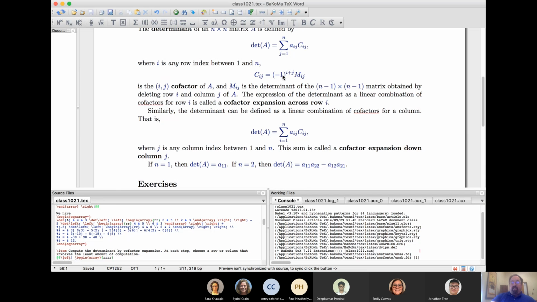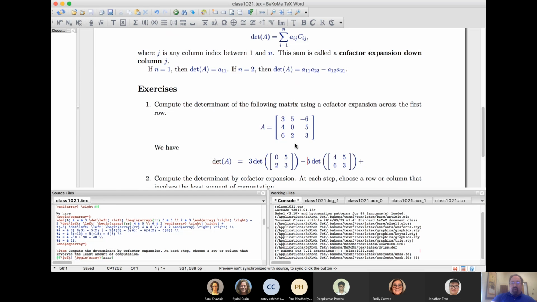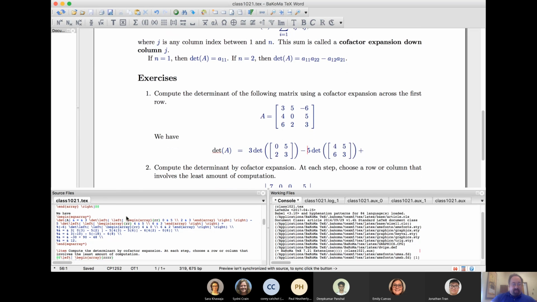You're always going to alternate signs as you go across your row or column. So here we had a plus, here we have a minus. This is the element in the first row, second column. So you strike out the first row and the second column, and what's left is the 4, the 5, the 6, and the 3. That's this matrix right here. So that's the second term.